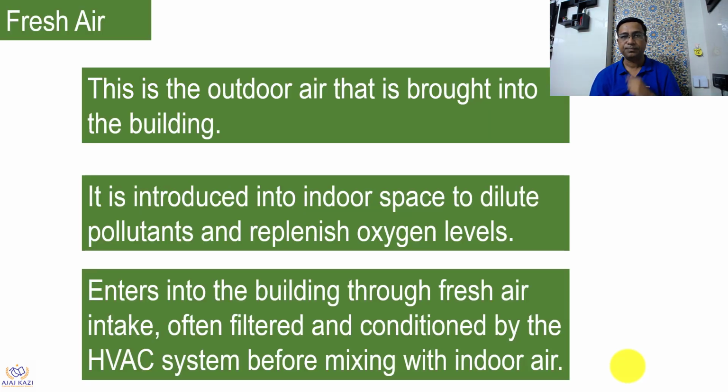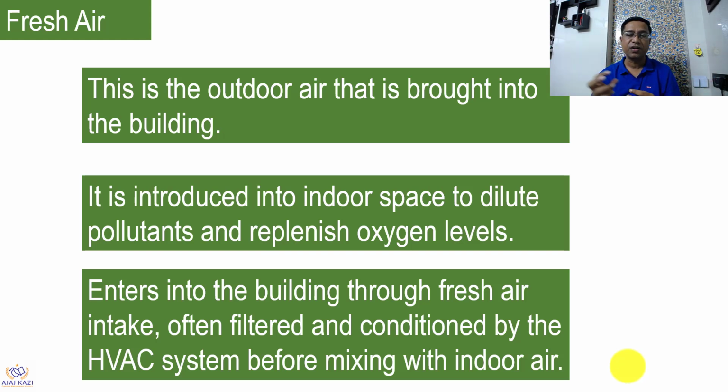Then we have fresh air. This is the outdoor air brought into the building. As I was saying, this is the fresh air which dilutes some of the pollutants and replenishes the oxygen level. This air comes in and pressurizes the room, and that's why we have to get exhaust air out. It enters through the building to the air conditioning units.